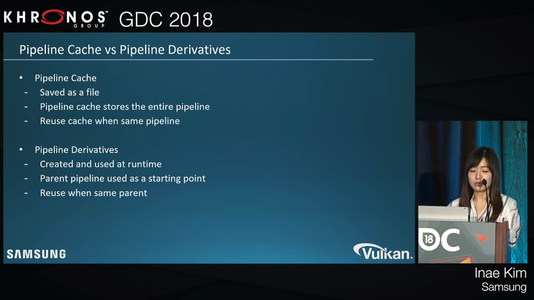When the program uses only one pipeline and reuses it again and again, pipeline derivatives are faster than the cache because of the time for reading or writing from the SD card. And the handle for a pipeline derivative is so small and already known, so it doesn't need to search.